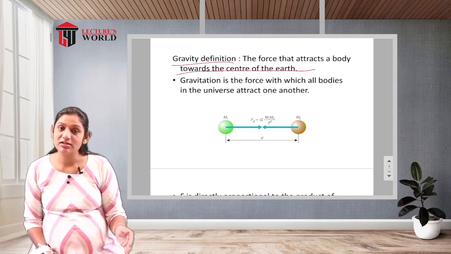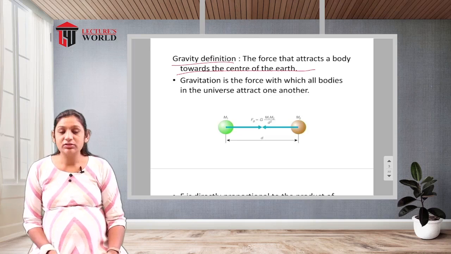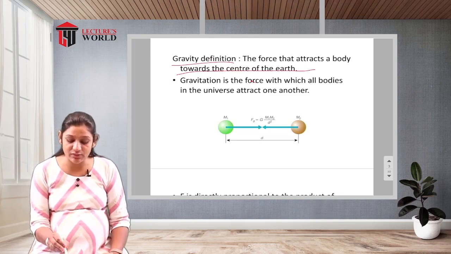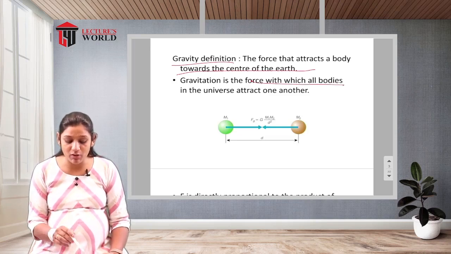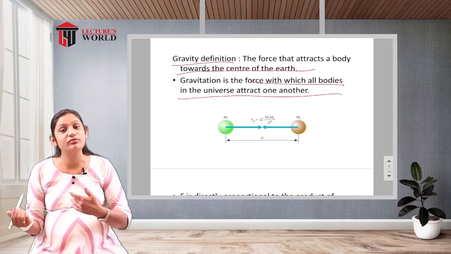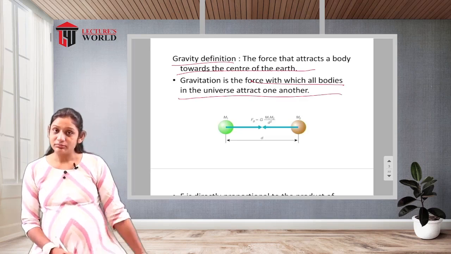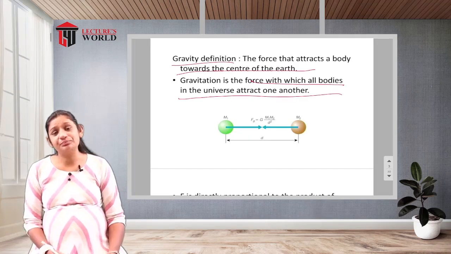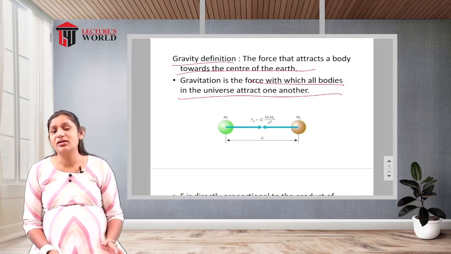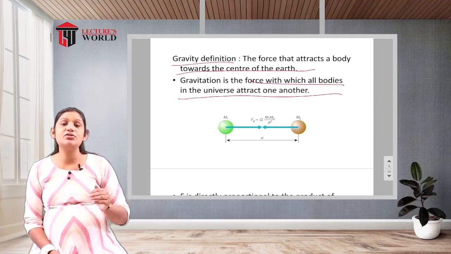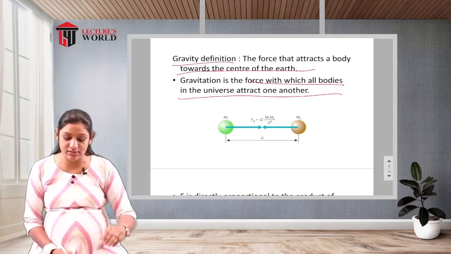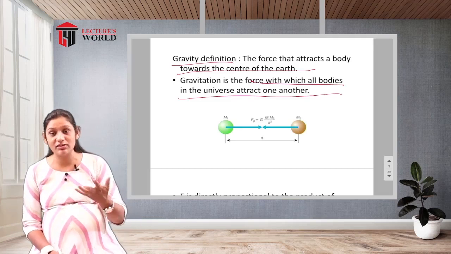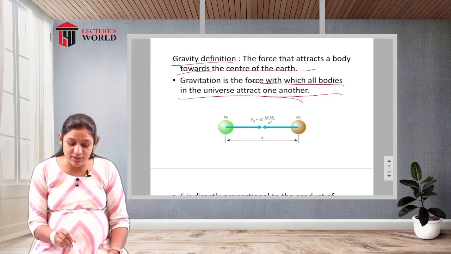This is called gravity. Gravitation is the force with which all the bodies in the universe attract one another. This is the fundamental factor.